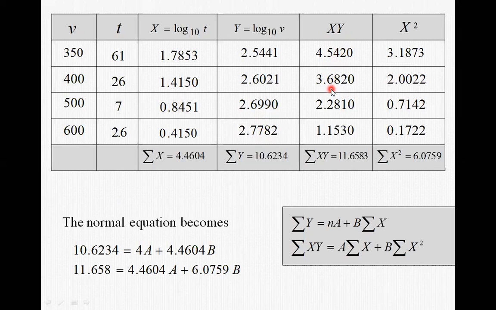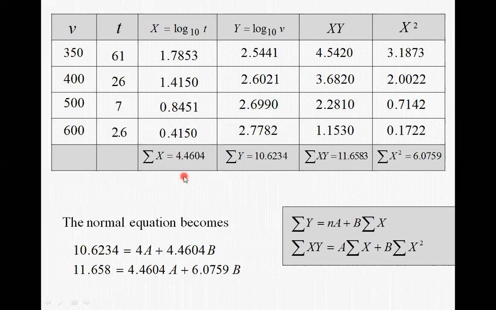Calculate capital X into Y: 4.5420, 3.6820, 2.2810, 1.1530. Calculate capital X square: 3.1873, 2.0022, 0.7142, 0.1722.